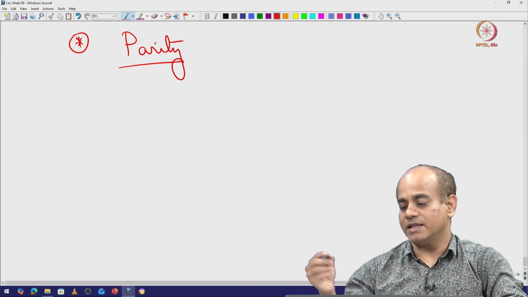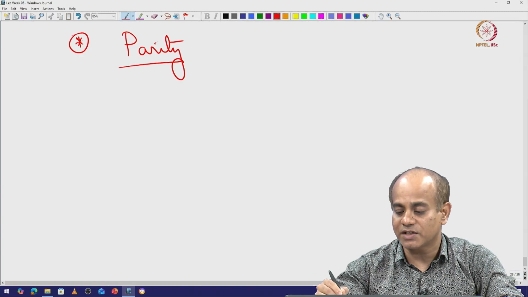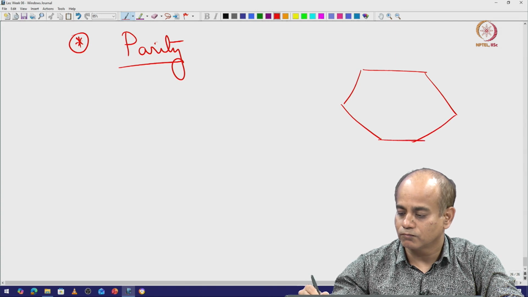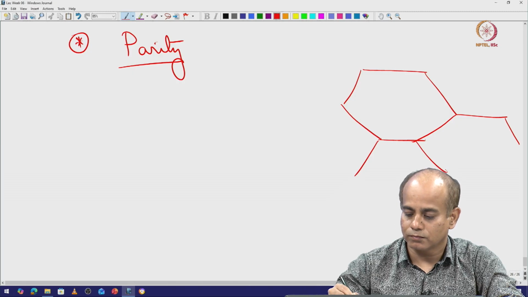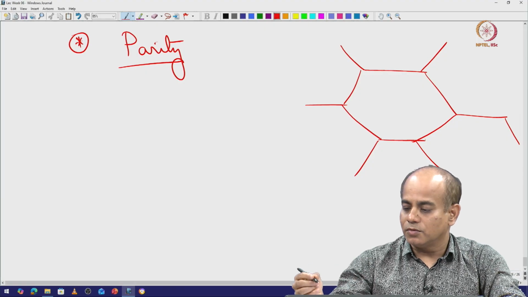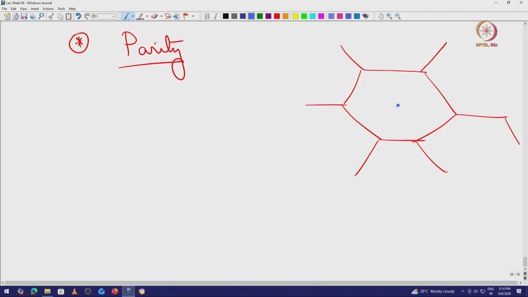And in some cases, some lattice, for example in hexagonal lattice, let us start from some center, and we know that at different lattice sites you have different sublattices.